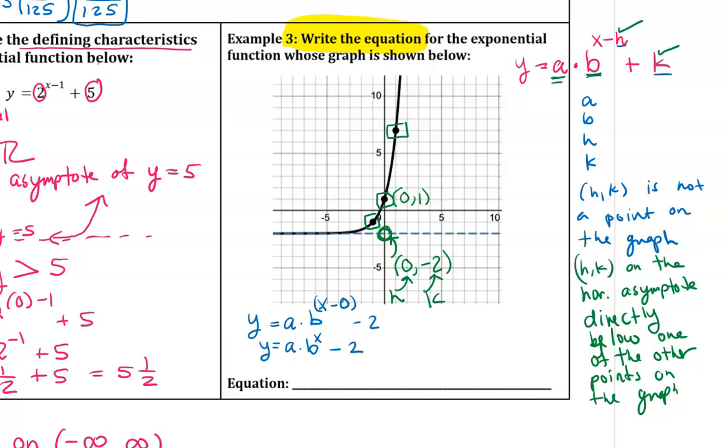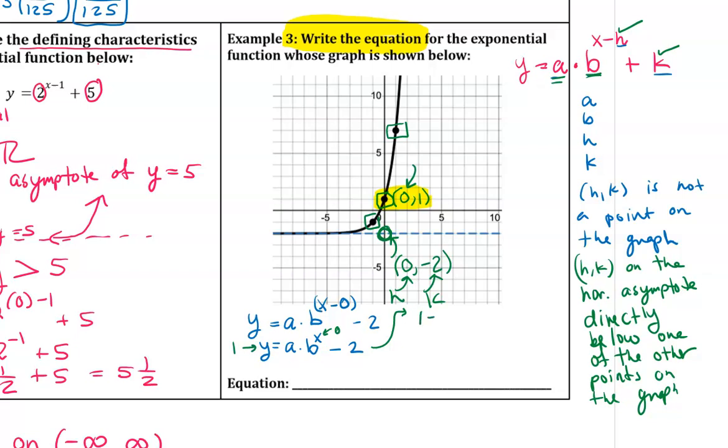Now, I'm going to use this point to solve for a. The reason I choose this point is because this is where x is 0. I need x to be 0 to be able to find a, since I don't even know what b is yet. So I'm going to plug in 0 for x and 1 for y in my equation temporarily to see if I can find a.